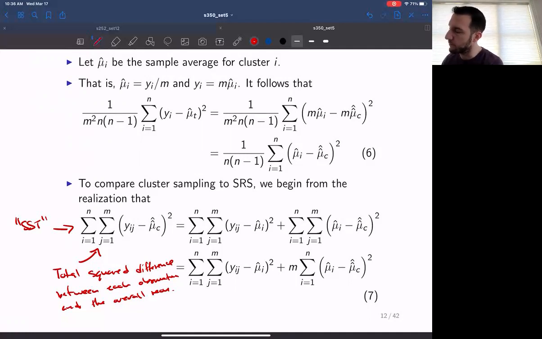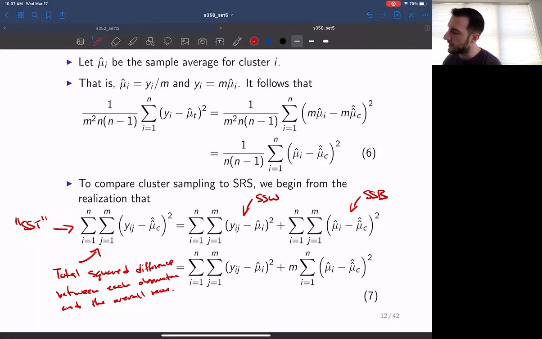So we can basically break it up into two terms. We have each element minus the mean of its representative cluster. So this would basically just be your SSW, or your SS within, or your SS error, if you think of it in a traditional one-way ANOVA sense. And then this term here is going to be your squared deviation between each of the clusters.